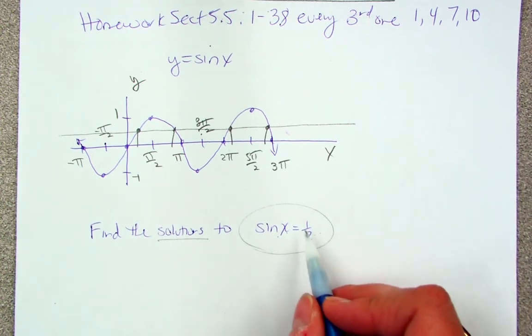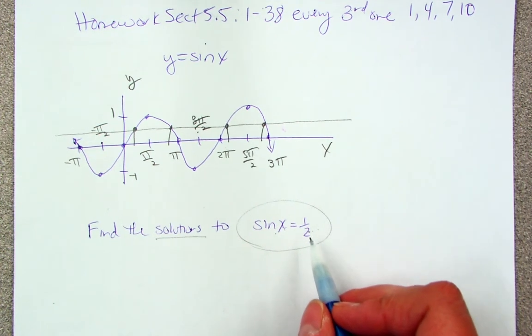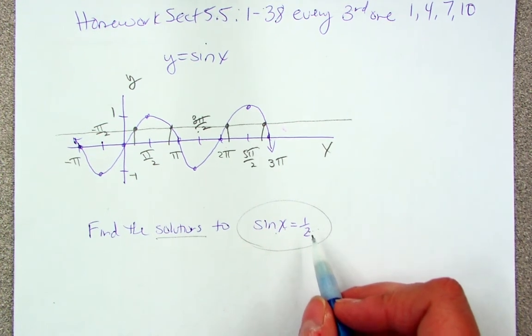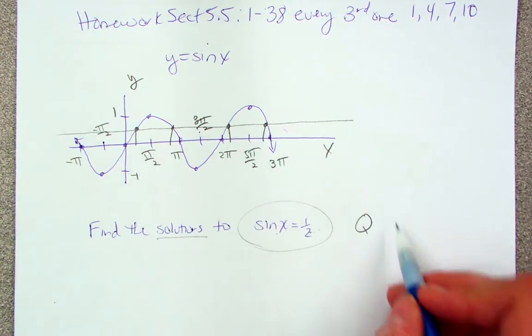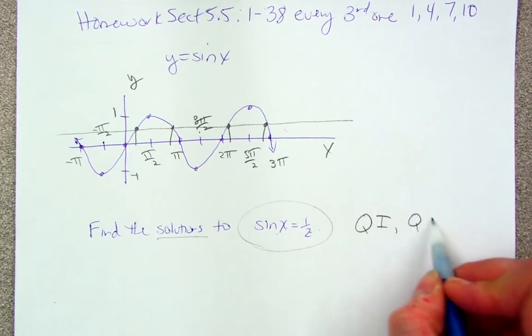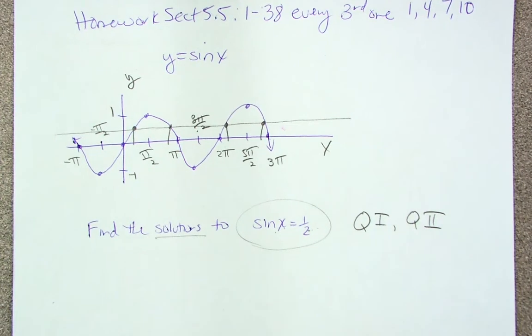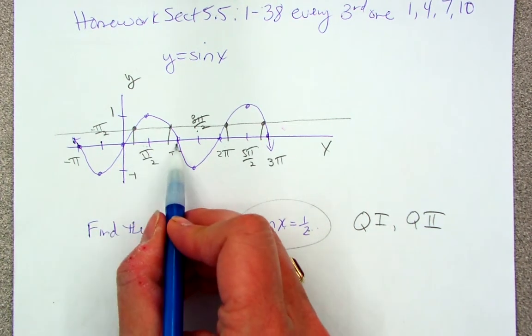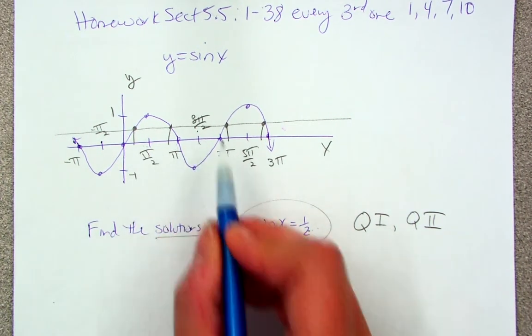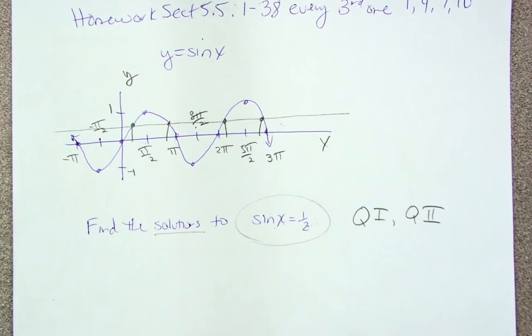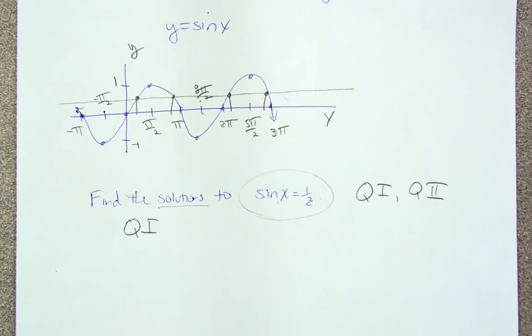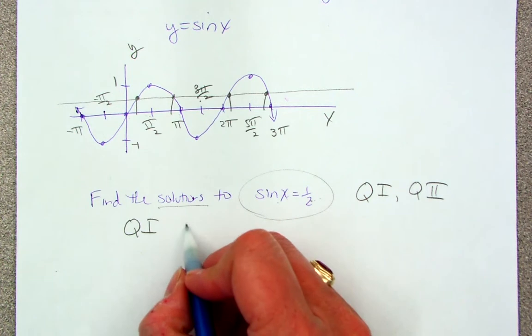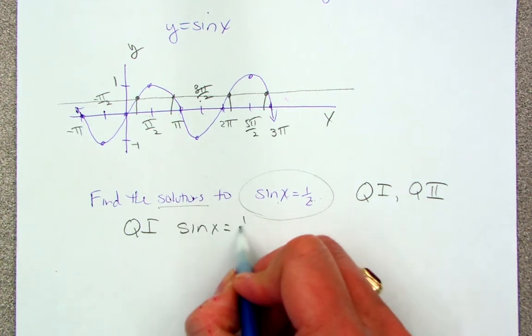In fact, sine is, the output is positive in what 2 quadrants? In quadrants 1 and 2, right? Because there's 3 and 4. So in quadrant 1, let me write down sine of x equals 1/2, right?